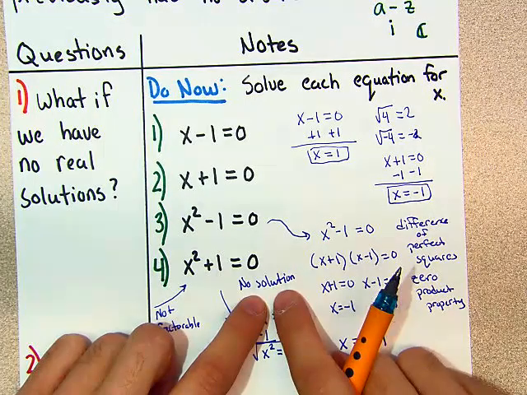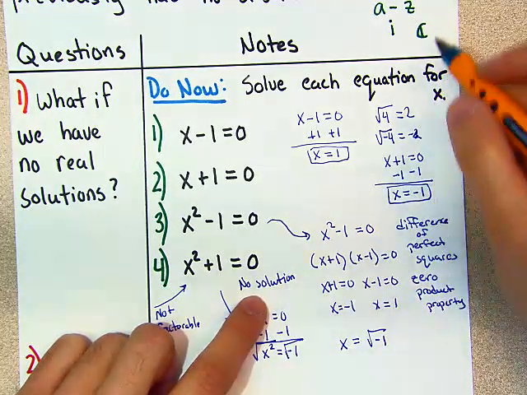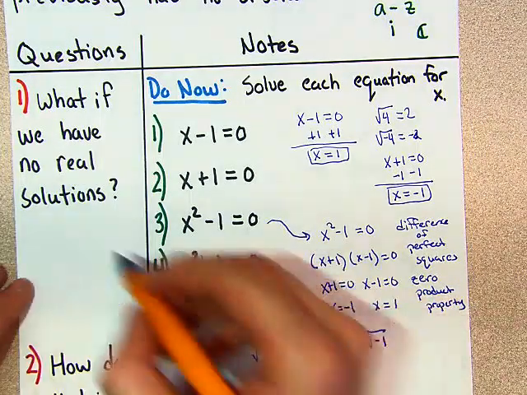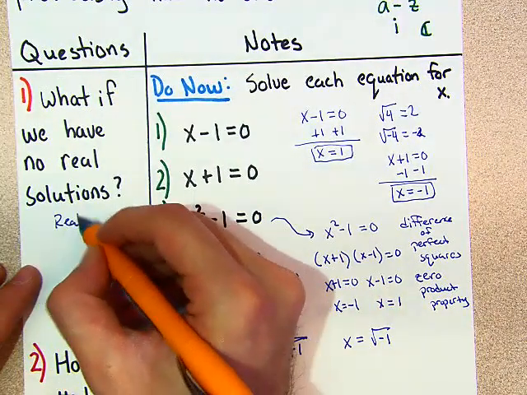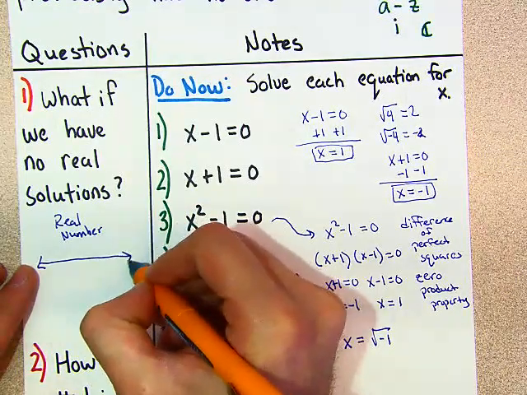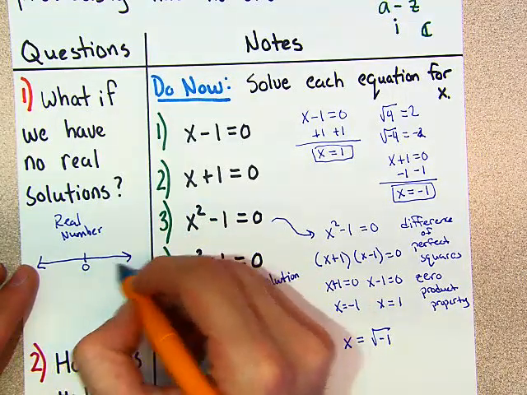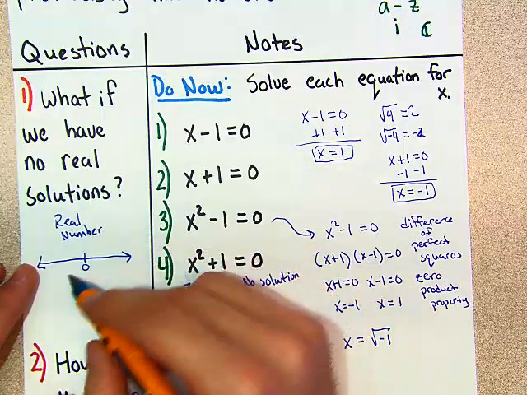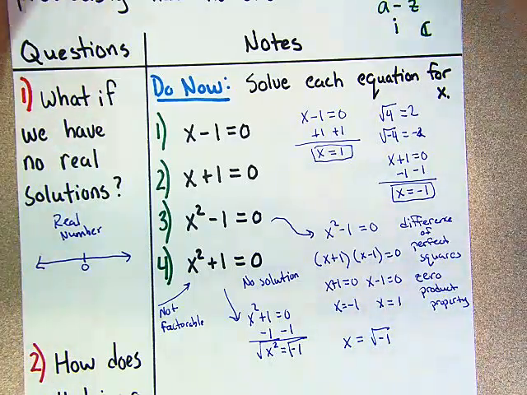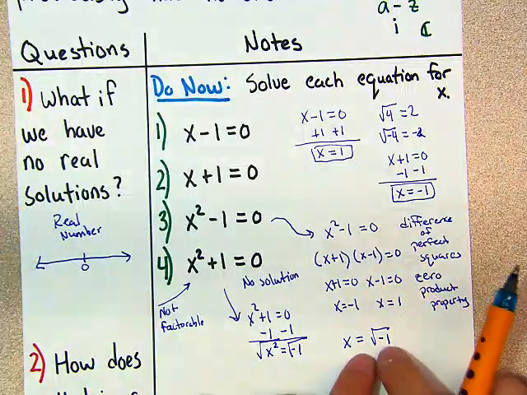There is no real number that will give this to us. And when we talk about real numbers, remember, a real number is anything on the number line. If I have 0, 1, 2, 3, no real number will give us a solution for this. So there's no solution. And the idea right now is how do we find what this is?